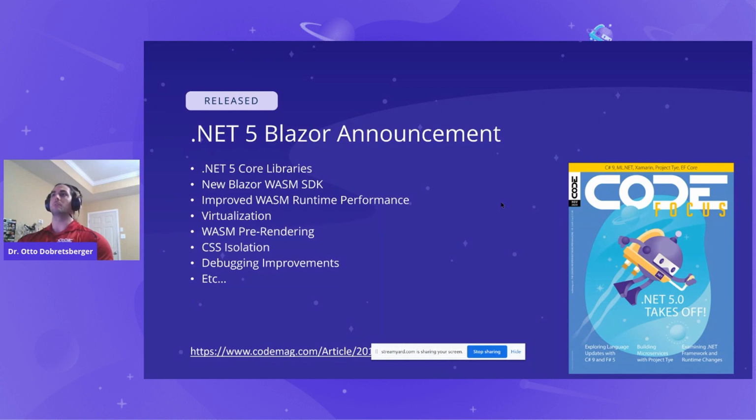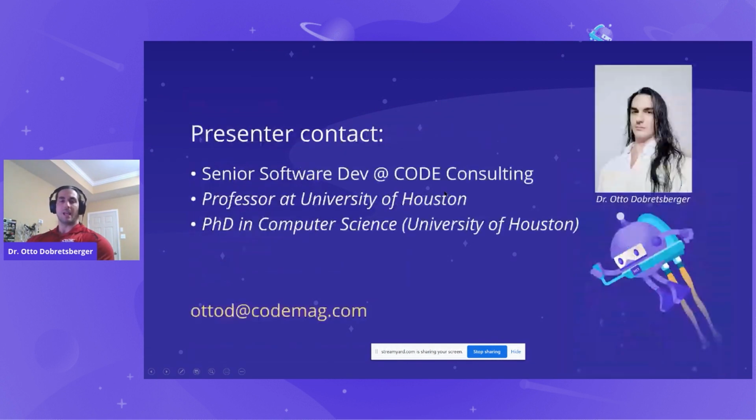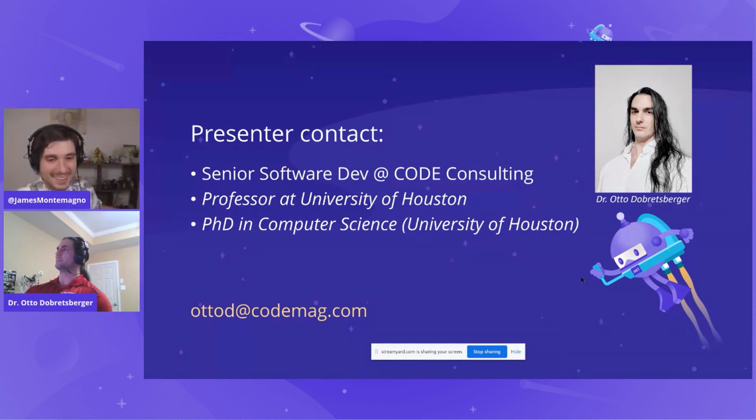From all the .NET Core libraries to virtualization, CSS isolation, and so on. You can read all that in the article in the new Code Focus magazine. And if you have any questions, let's hear it, or you can always send me an email as well. I'd be happy to answer any questions if I can.